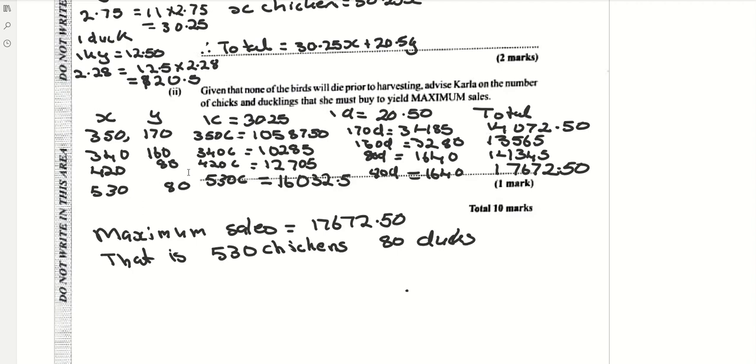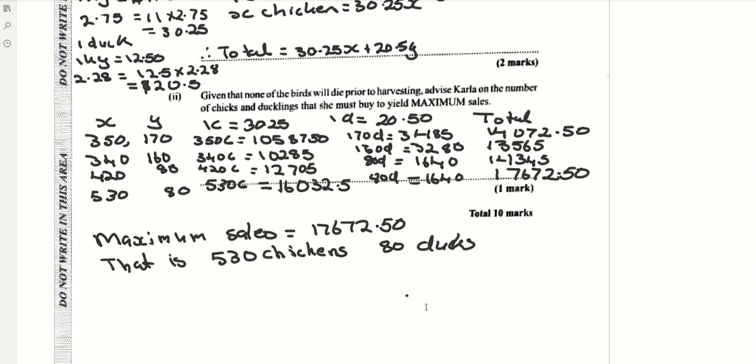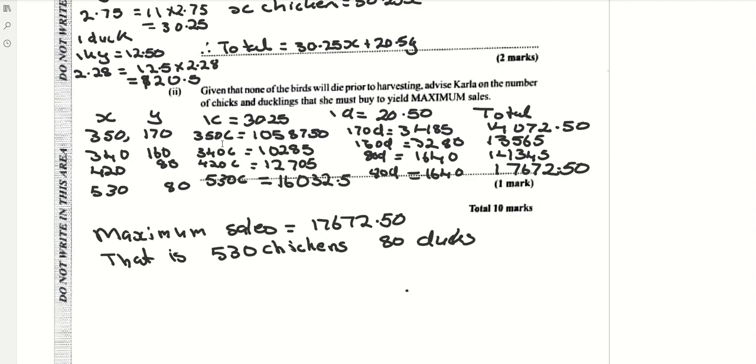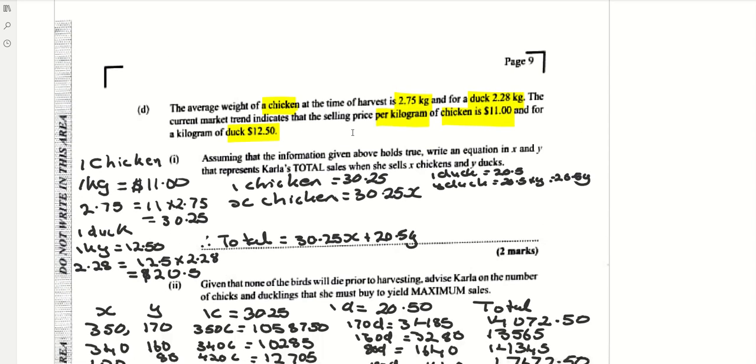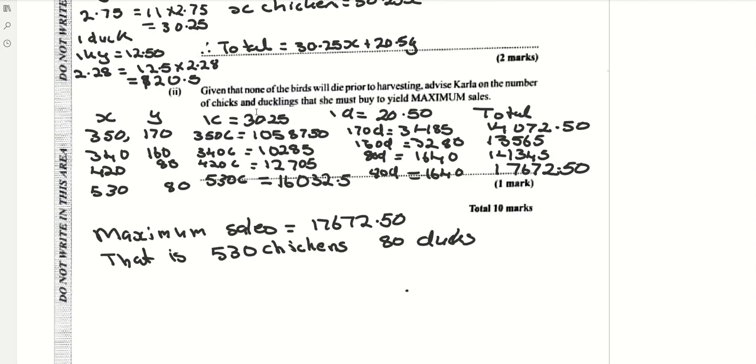That's 350 multiplied by the cost of chicken, which they said was $11, so 350 multiplied by 11 is $10,587.50, and 170 ducks would be 170 multiplied by 12.50, right? And you do that for each vertex, and then you find your total.